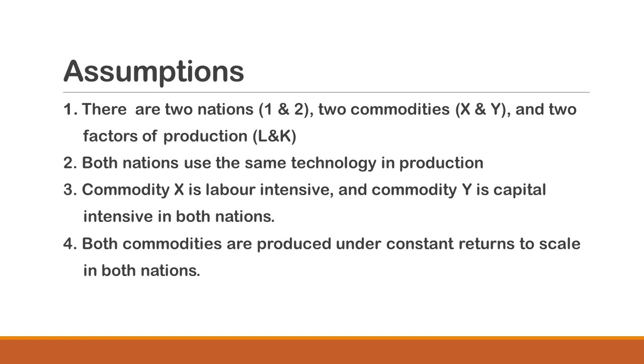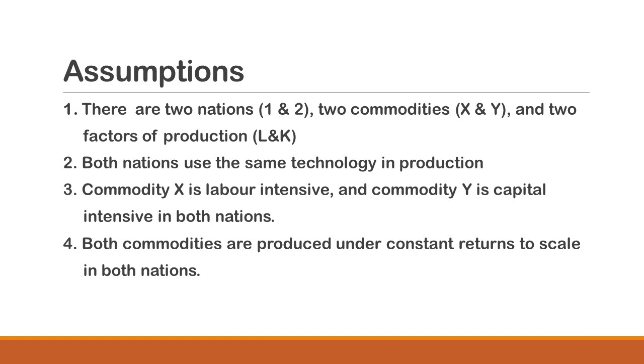Second assumption is that both nations use the same technology in production. That means production functions differ between commodities, but they do not differ between countries. Both the nations use the same type of technology for the production of a particular commodity.